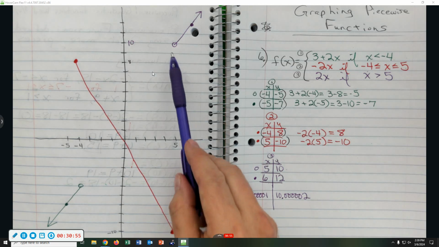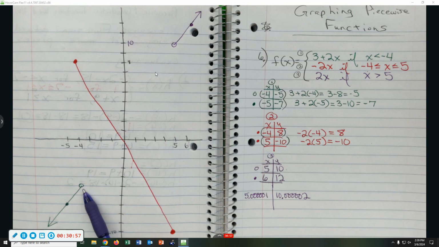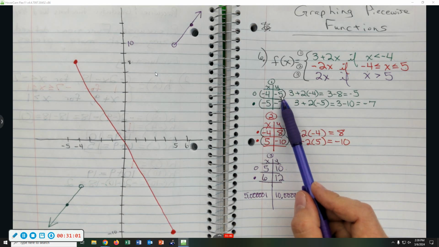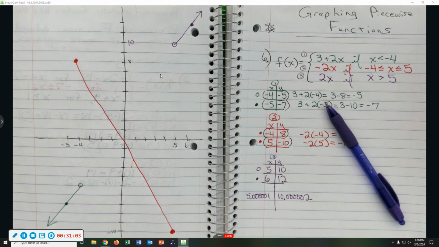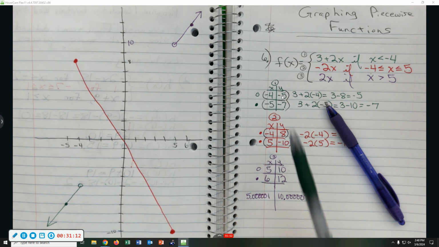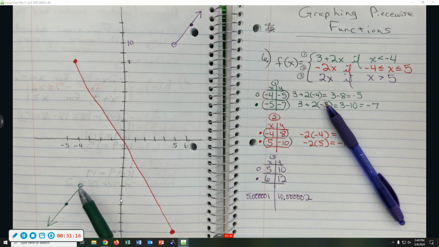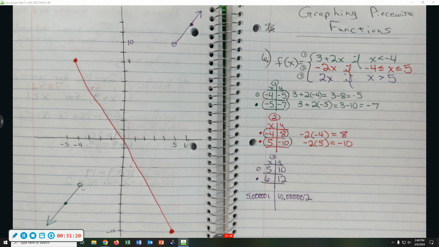Likewise, this open green circle is saying -4, -5 isn't on the graph. But if you had plugged in -4.0000001, you'd get an ordered pair that looks like -4, -5. It's on the graph, even though -4, -5 itself is not. Any questions?